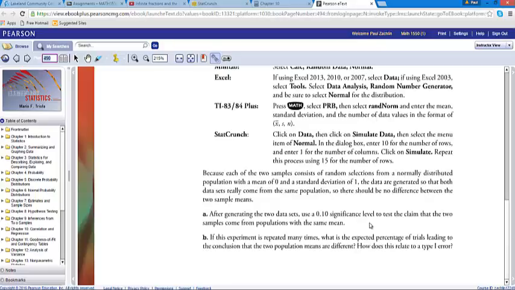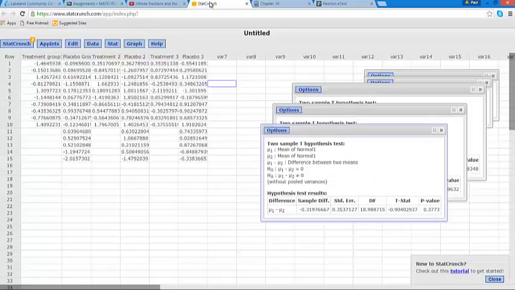So if any of these p-values had been less than 10%, then I would have rejected the claim that the means are equal. But I know they're equal. It says, if this experiment is repeated many times, what is the expected percentage of trials leading to the conclusion that two population means are different? So again, I've done it 3 times here, and I've failed to reject the null hypothesis each time.